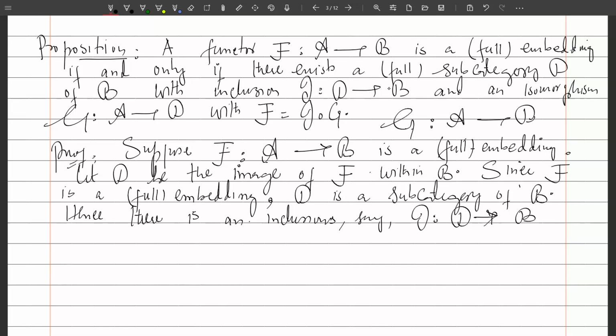By embedding, it means it's faithful. So that means this G from A to D is an isomorphism.